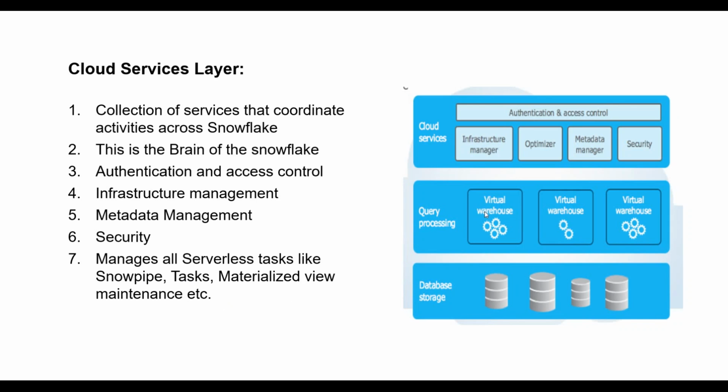Those things will be taken care of by the compute resources offered by Snowflake, that means by the cloud services layer. So if you want to run some Snowpipe or create a task, some resources are needed, right? Those are not our resources, these are our resources.